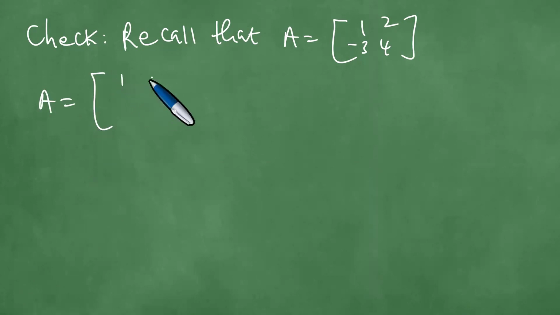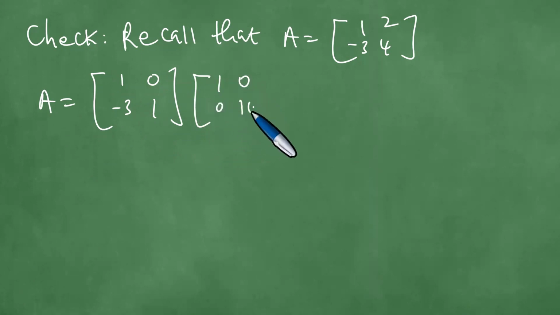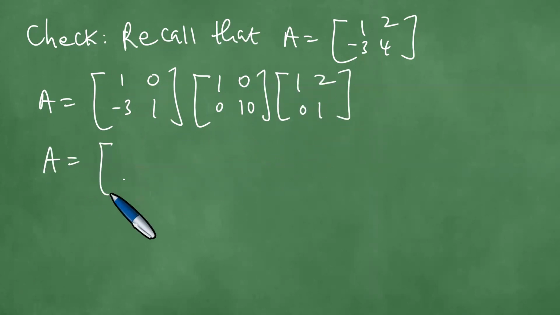We also recall that from these particular steps here, we take this exactly and we multiply these matrices. And we actually obtained that A was written as a product of 1, 0, minus 3, 1, 1, 0, 0, 10, and 1, 2, 0, 1. You multiply this with that, getting a 1, this with that, getting a 0, this with that, getting a minus 3, this with that, getting a 10.